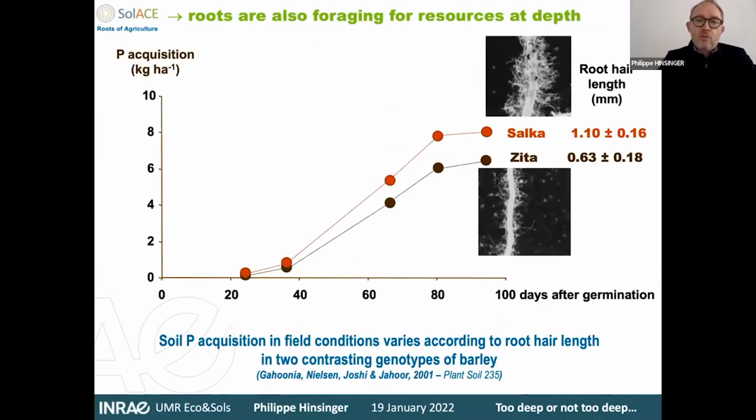And their work showed also in the field that there was some distinct increase in phosphorus acquisition that was likely to be related to root hair length. So that's another trait that is worth pursuing.